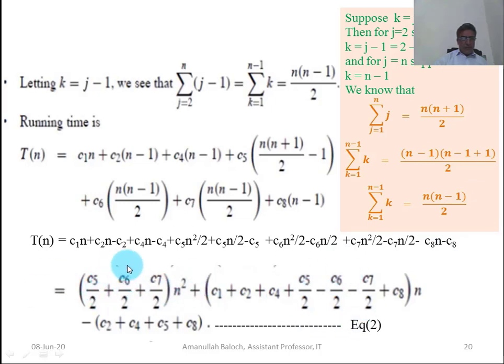Then we will equate all those like terms, that is C5 divided by 2 n square. N square is common here, n square is common here, n square is common here.